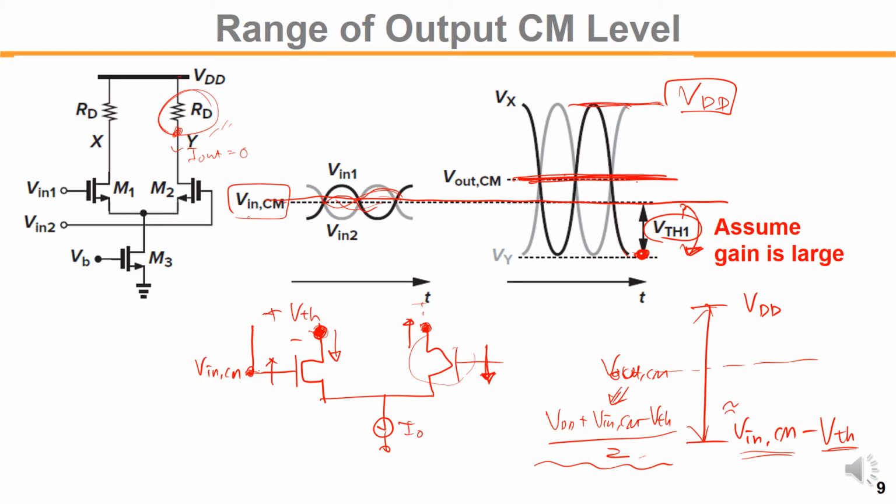I0, the tail current source. You design I0 to place V out common at this level, right? So this is the way to maximize the output swing in this example, okay?